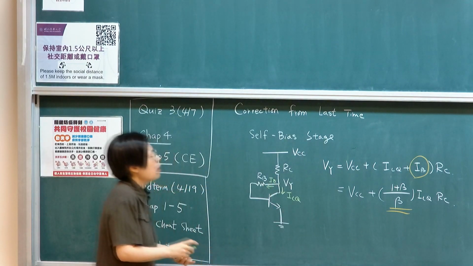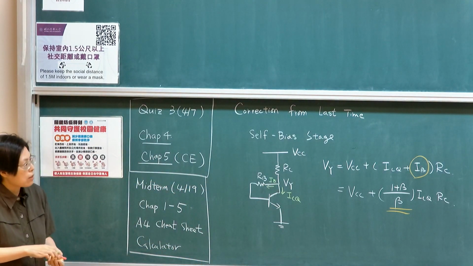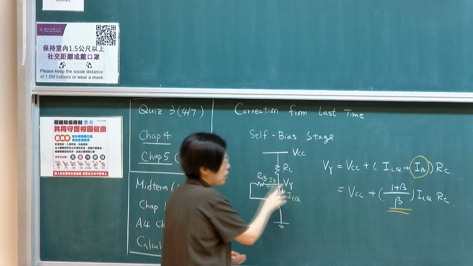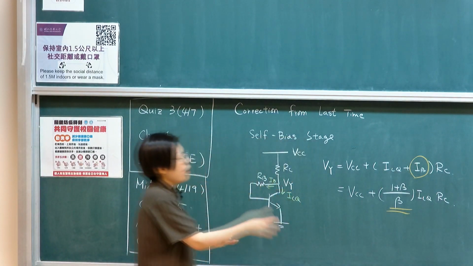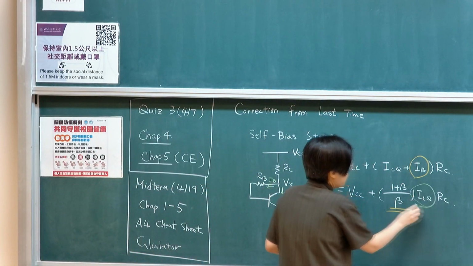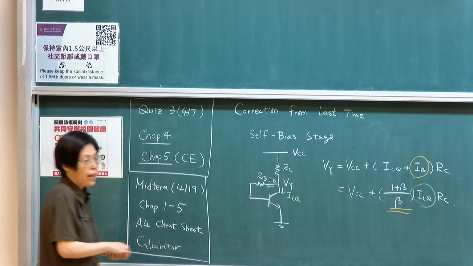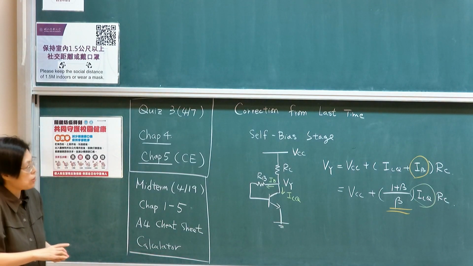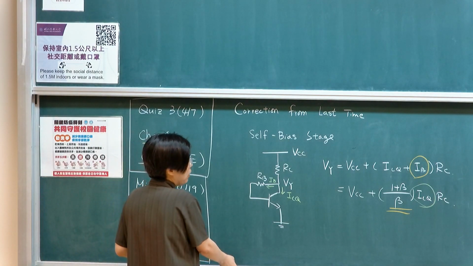So the total current coming down through the collector resistance is actually ICQ plus IB. Therefore, we get this equation, and then you can use that to find your ICQ. So please make the correction on last Tuesday's notes. Okay, good.